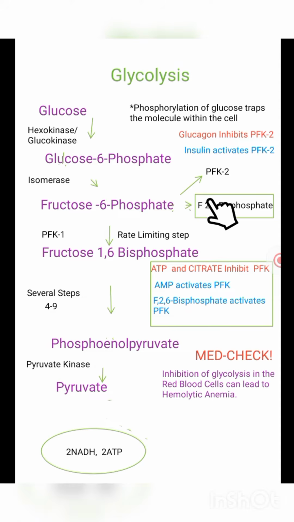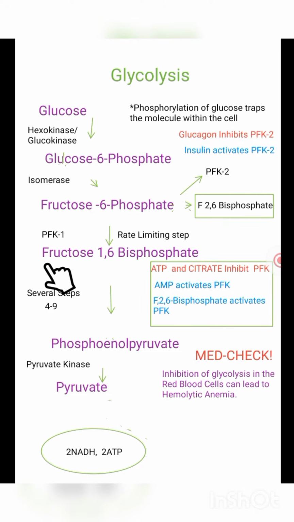Well, this molecule activates PFK1, meaning that the activity of PFK1 will be enhanced by the presence of fructose 2,6-bisphosphate. So when you need a lot of ATP, this reaction usually takes place, so that you produce this that will in turn activate PFK1. We'll talk about inhibition and activation later on.